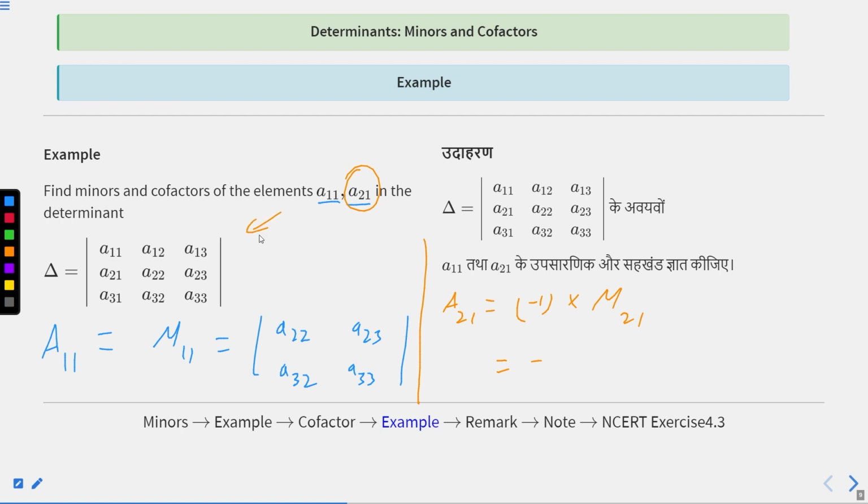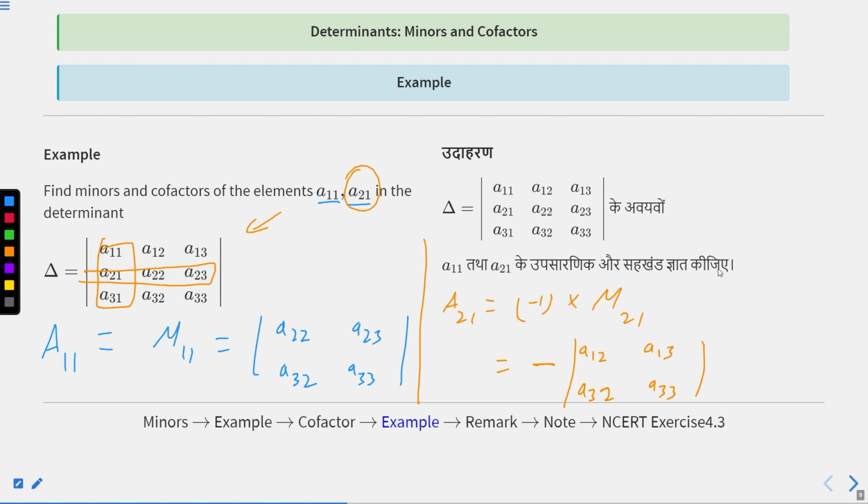From here: if you eliminate the second row and first column, you just have to evaluate this determinant: A12, A13, A32, A33. That's it. Easy to find cofactors and minors. Just keep practicing and you will find it quite easy.